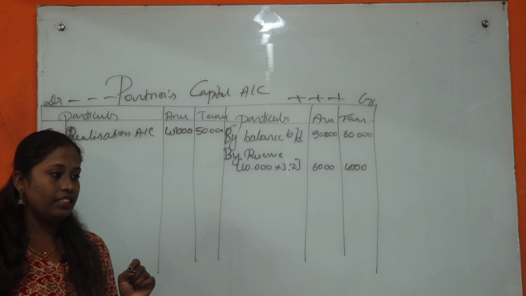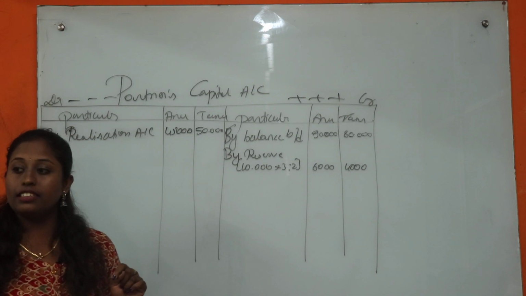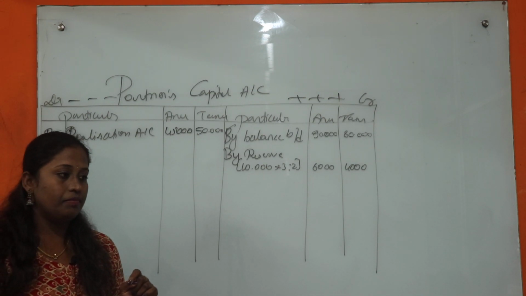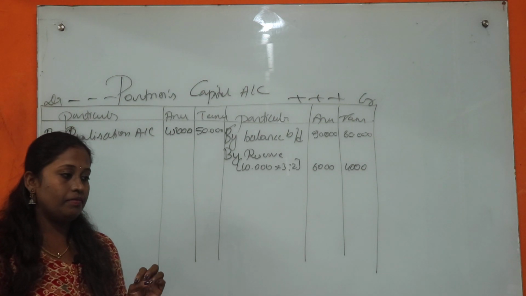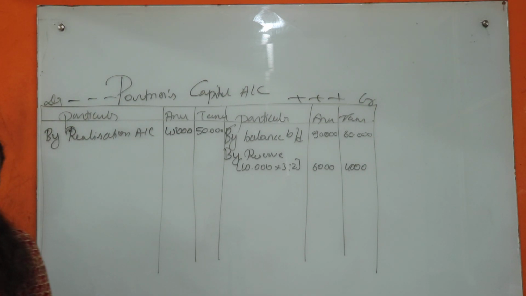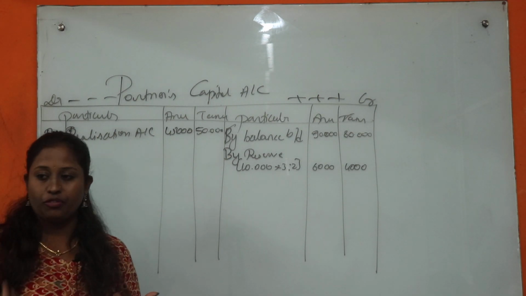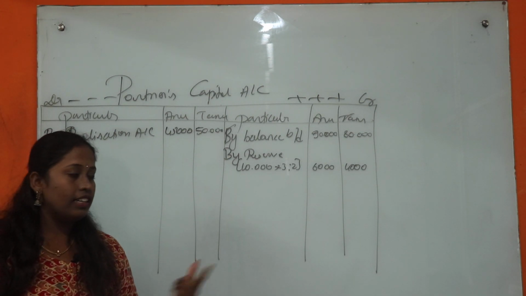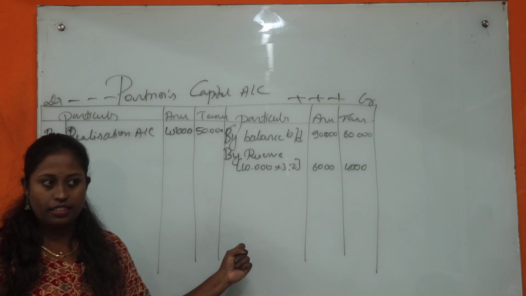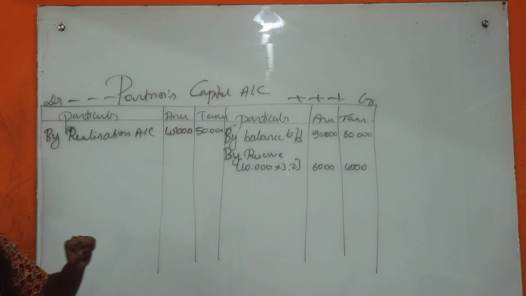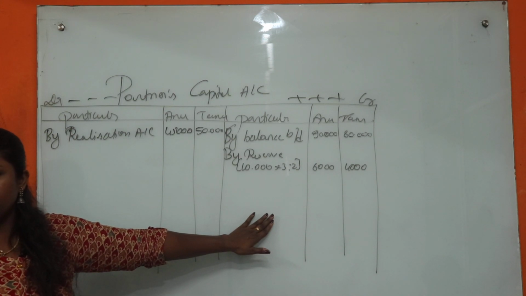Apart from that, have we left anything? Remember, have we left anything? Nothing? Expenses will come in the bank account, right? The major one, the realization account. Do remember, whatever we did in the realization account will be transferred to the next account. The loss we have not transferred still. Will we transfer it on the credit side?